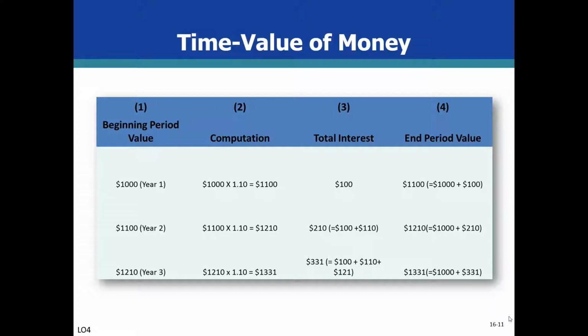Due to compounding, at the end of year 2, it's worth $1,210, and at the end of year 3, $1,331. More than just the $300 because interest was earned on the interest.